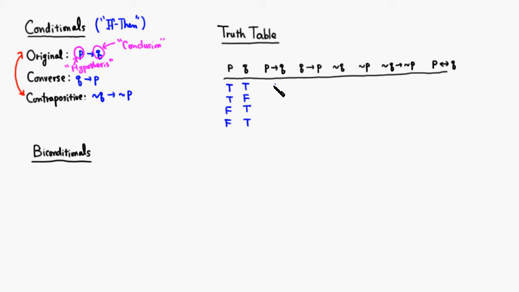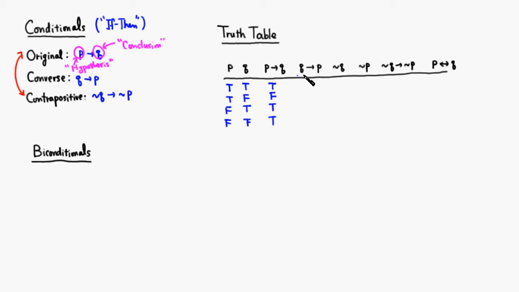True implies true is a true implication. True implies false is a false implication. And false implies true is a true implication. False implies false is also a true implication. So whenever the hypothesis is false, the implication is always true because the if part never happened.